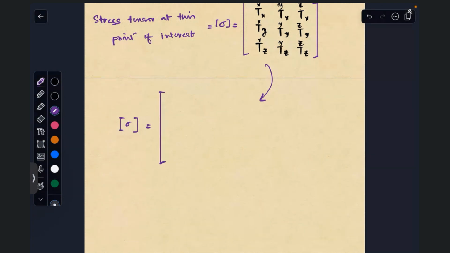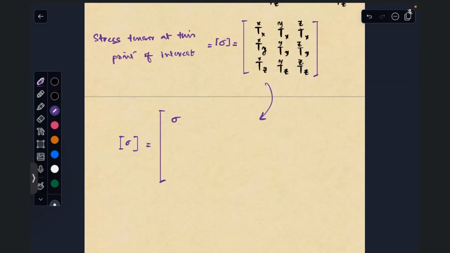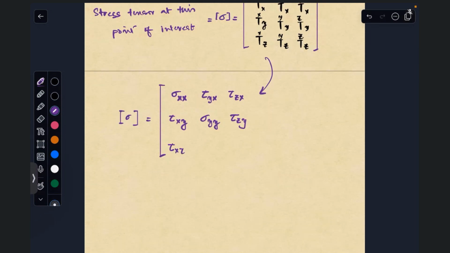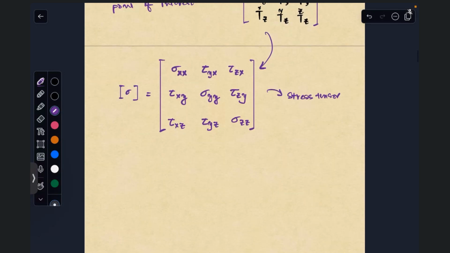So, Txx is nothing but sigma x x. Tyx is nothing but tau y x. This will be tau z x. So this is my stress tensor.